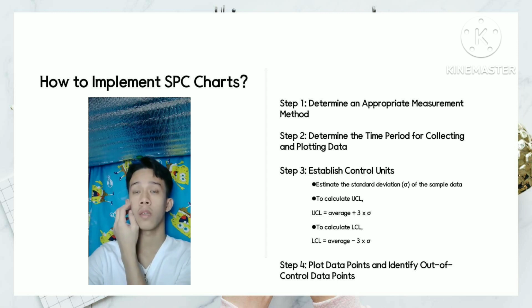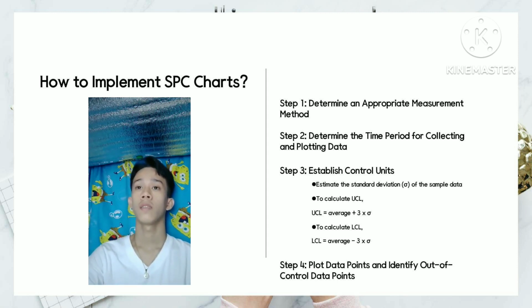Step 2 is to determine the time period for collecting and plotting data. Because SPC charts measure the changes in the data over time, it is necessary that you maintain a frequency and time period to collect and plot the data.